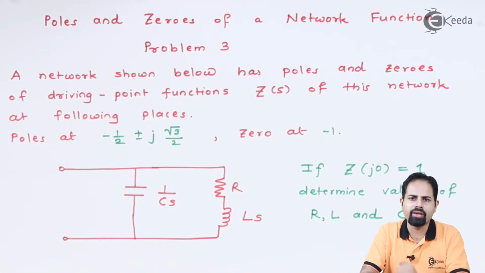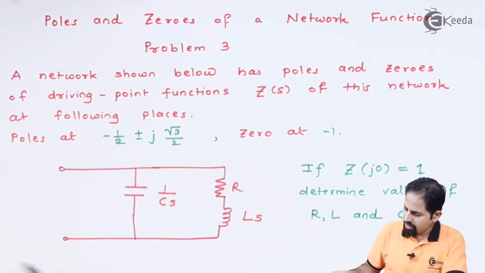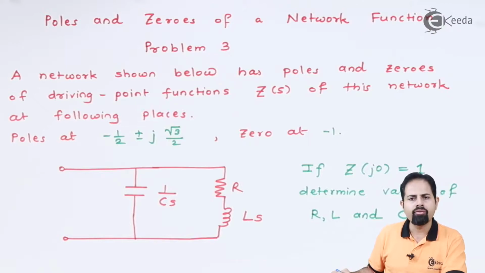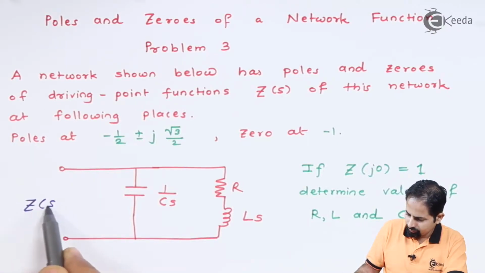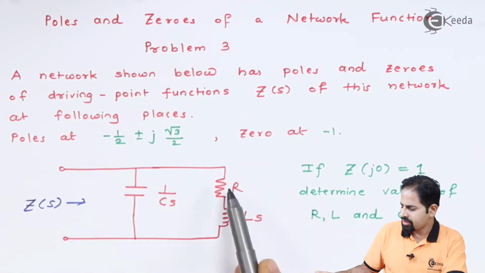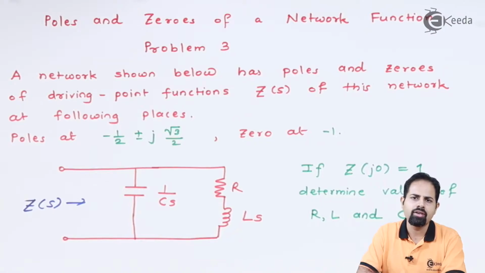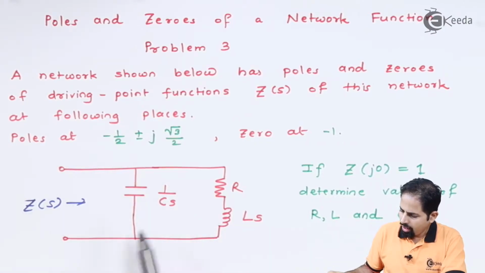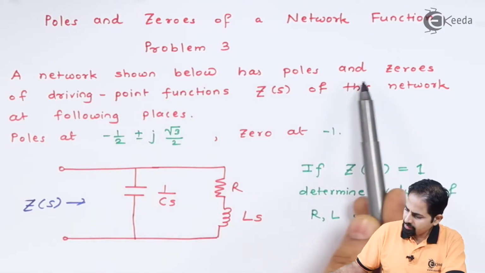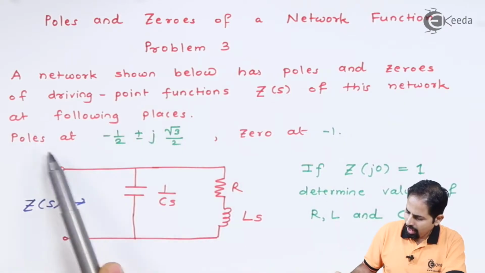as network parameters. So there is a transformed network which is already given. This is R, this is LS, this is 1 upon CS. That means they are given in the S domain. It is given that it has poles and zeros as below.